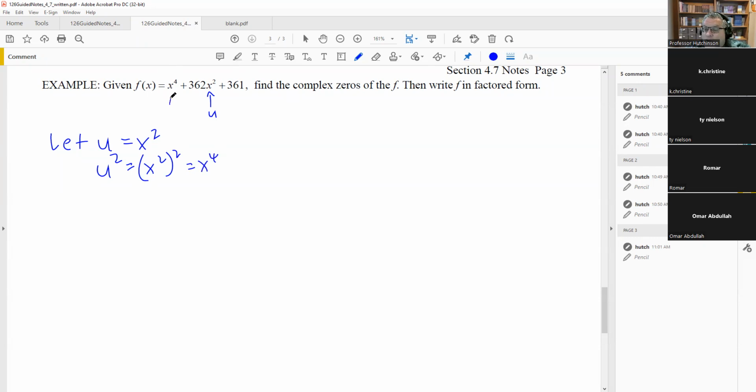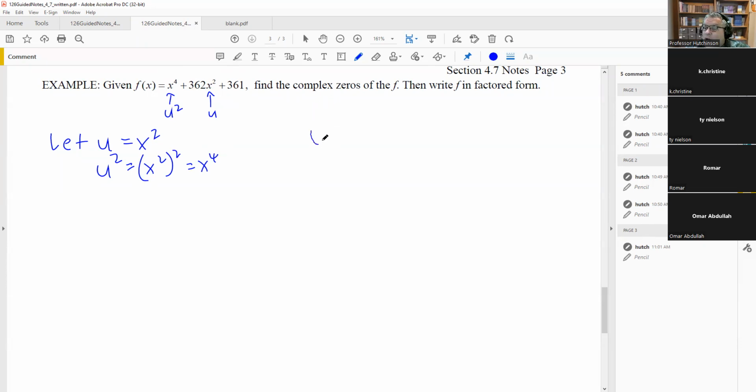So this one here, I'm going to let equal u squared. By using these substitutions, I'm going to turn a 4th power into a square, and that'll make it easier to try some factoring and different things there.